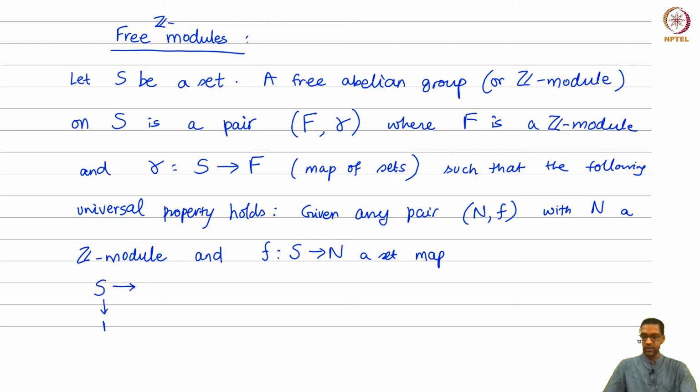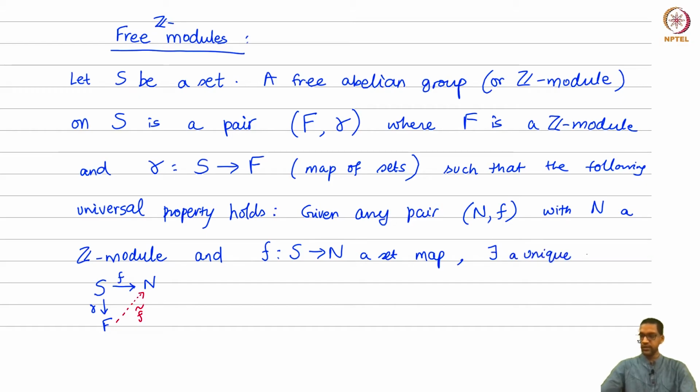So S to F, I have a gamma. Now I'm going to take an arbitrary pair S to N, there's an f. Then given any such pair, what the universal property asserts is that there is a map F tilde from F to N, which is a homomorphism of abelian groups. So given any such pair, there exists a unique homomorphism.